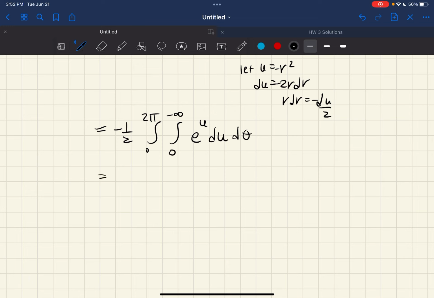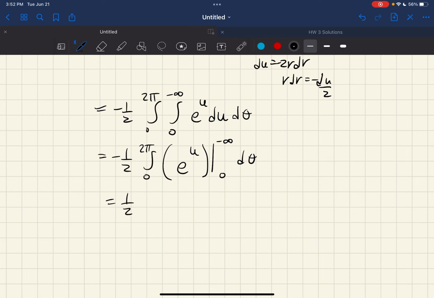So this integral is rather simple, d theta. This just becomes negative 1/2 times the integral from 0 to 2 pi of e to the u evaluated from 0 to minus infinity d theta. And this is equal to negative 1/2 the integral from 0 to 2 pi of e to the minus infinity, which is 0, and then e to the 0 is 1, so you get a minus 1, d theta.